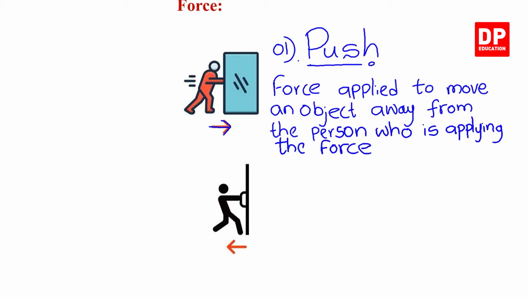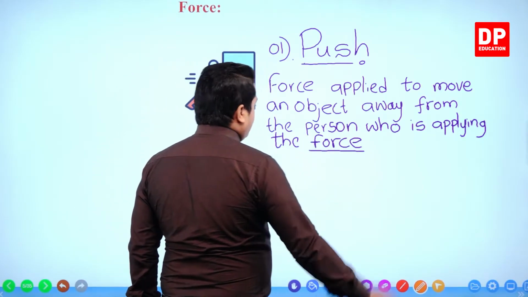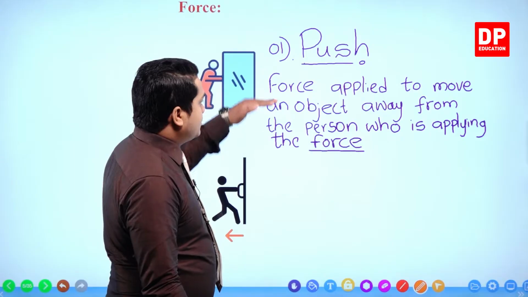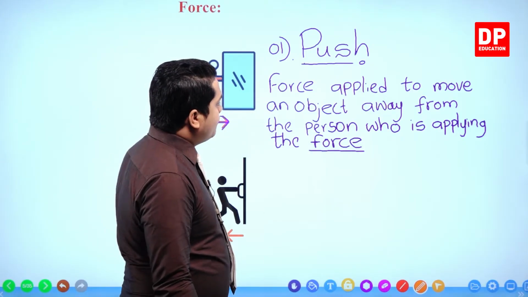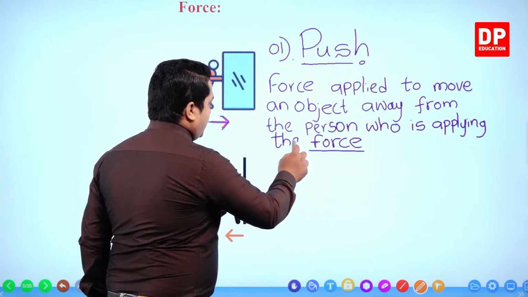Right. So this is what we mean by a push. Force applied to move an object away from the person who is applying the force, right?